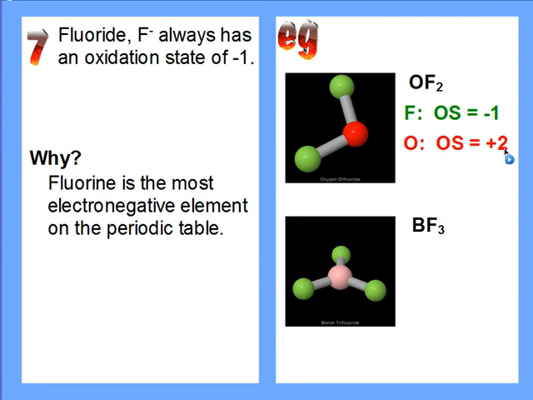If we look at BF3, boron trifluoride, it's also electrically neutral, so its charges need to add to 0. Once again, fluorine is -1, and therefore the boron has to have a +3 oxidation state, and that will give us a total of 0.